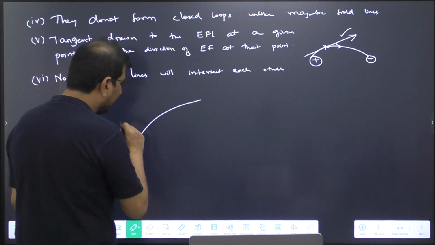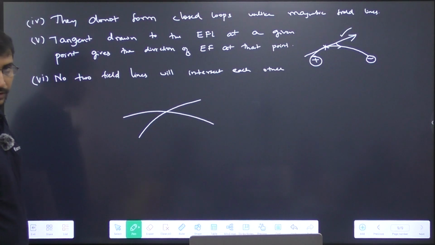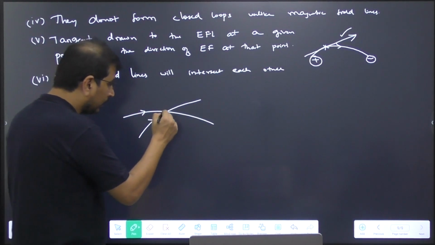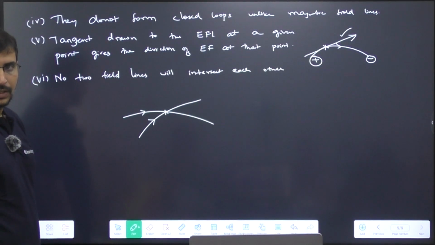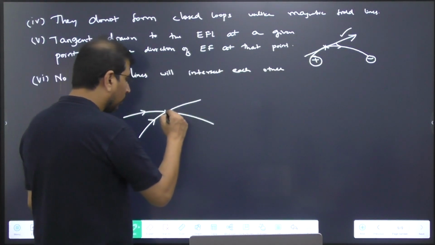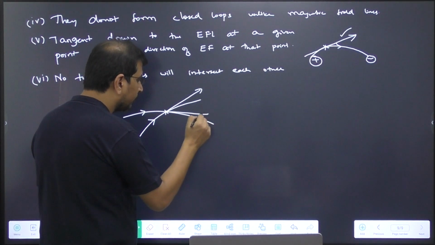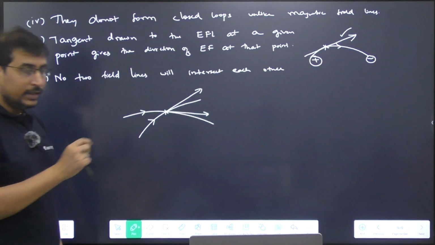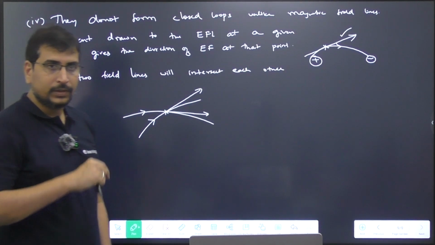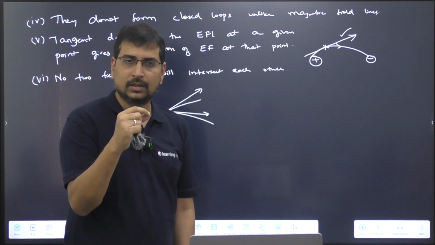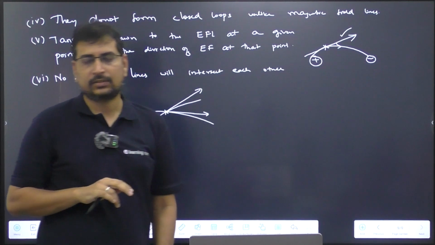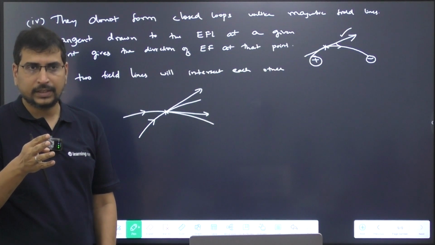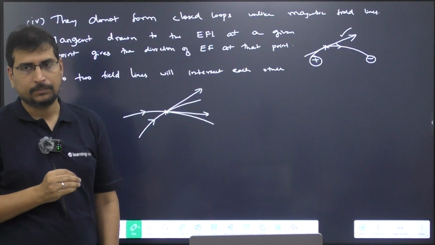So this field line and this field line, let's say they both are intersecting each other, then the meaning of it is, at a given point, listen to this carefully, at a given point I can draw two tangents. So when I draw these two tangents, if I place a test charge here, we are trying to say that the test charge is moving in two different directions simultaneously, which is not possible. Unless it is broken into pieces, it cannot move in two different directions at the same instant, right?